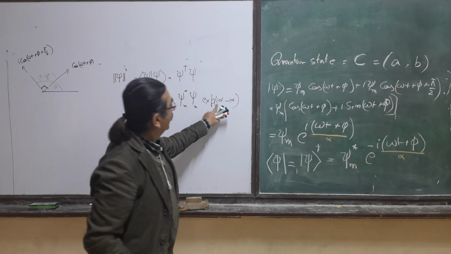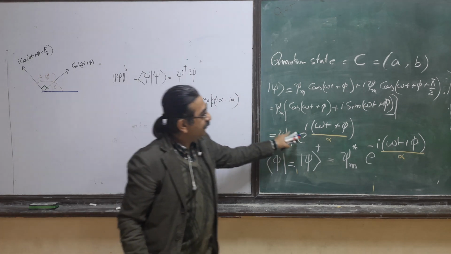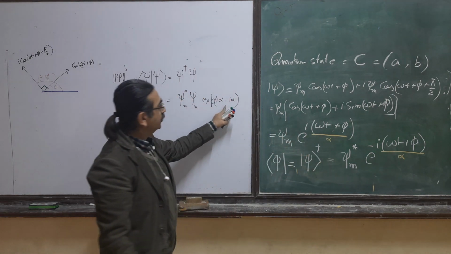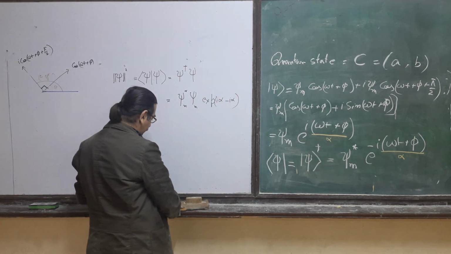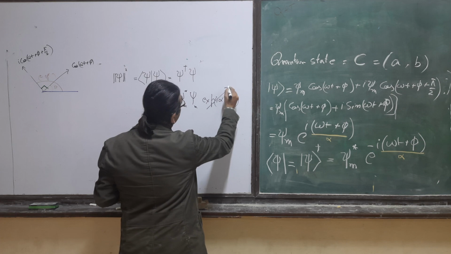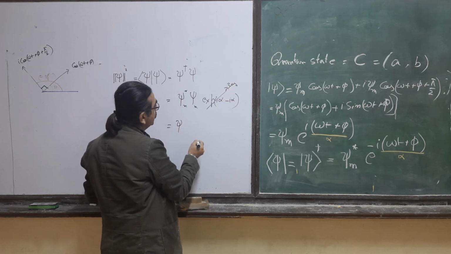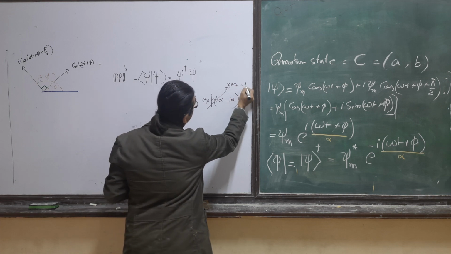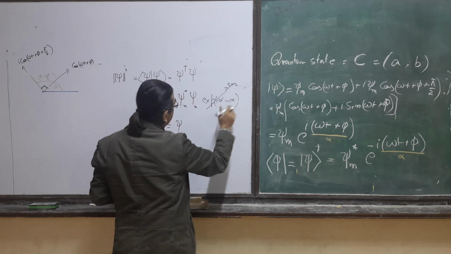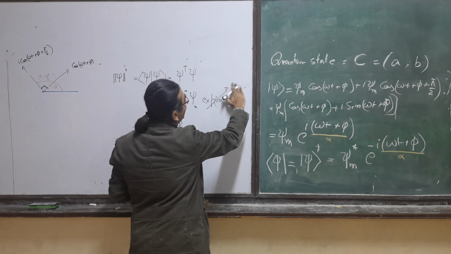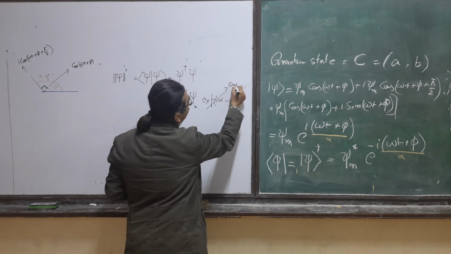When we add alpha and minus alpha, when we multiply, the exponents add to each other, and this becomes 0. And exponential power 0 equals 1. Sorry, this is 0, and this is equal to 1.